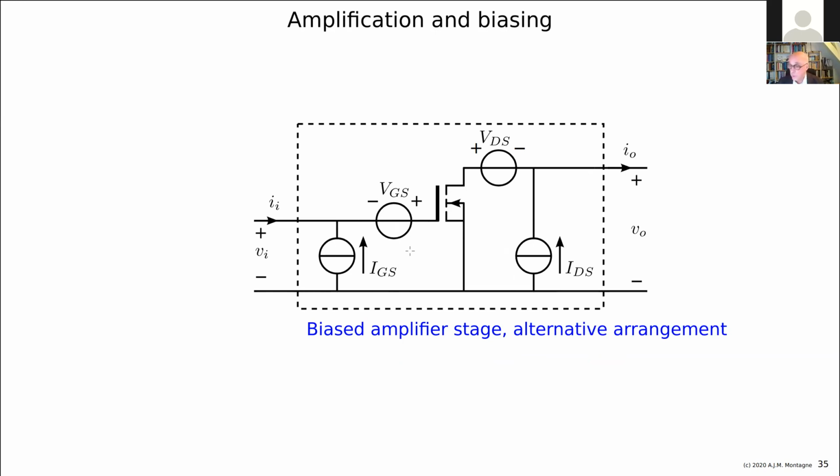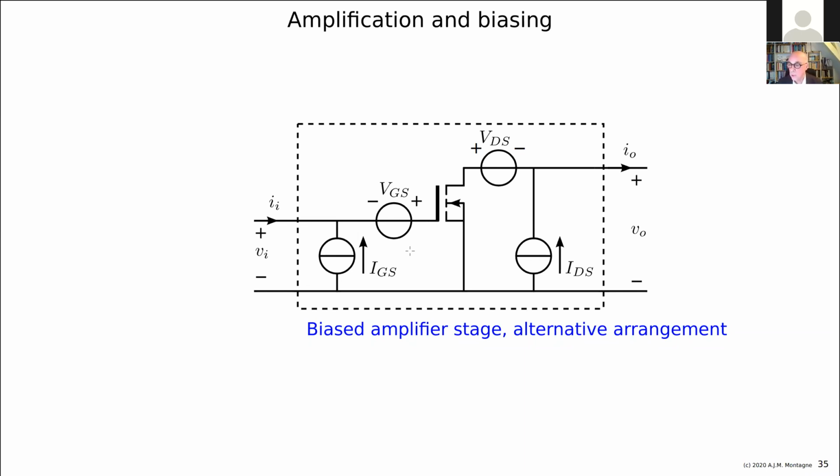Then we have no voltage across IGS and IDS, which makes them passive elements. Nothing happens. There's no dissipation at all, and there's only current flowing. And there is power delivered now by VDS and VGS, because the current through VGS is flowing from the minus terminal to the plus terminal internally, which makes the product of current and voltage negative, which makes it an energy source, a power source, instead of a dissipating element.